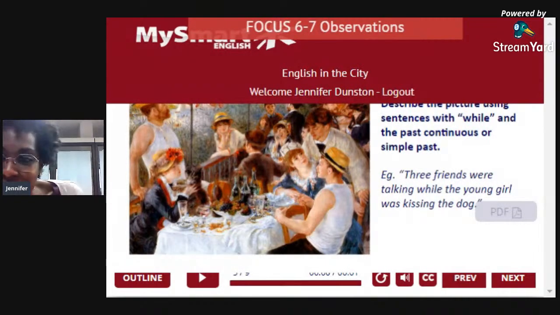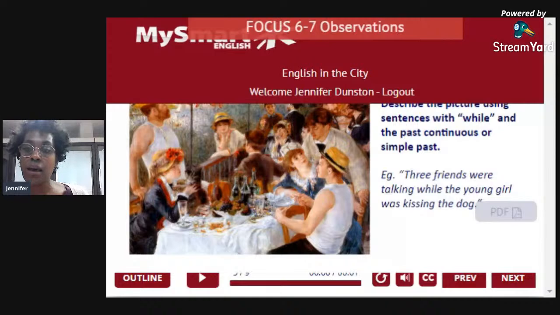Very good. Elena, let's take a look. A young girl with a hat was observing while 5 friends at another table were talking. Fantastic. So here's the young girl observing, and then there are other people at the table who are talking. Very, very good. And Elena used in her sentence while. And we know that we use while when we're using past continuous.